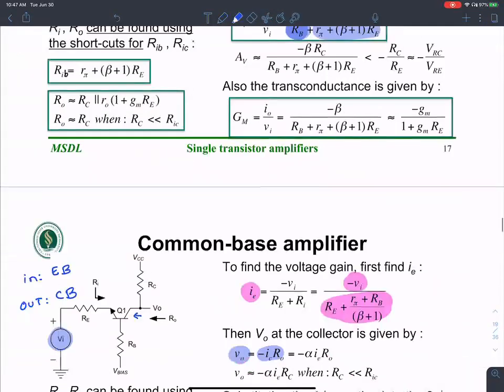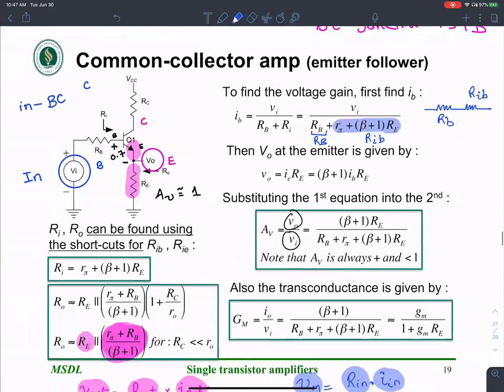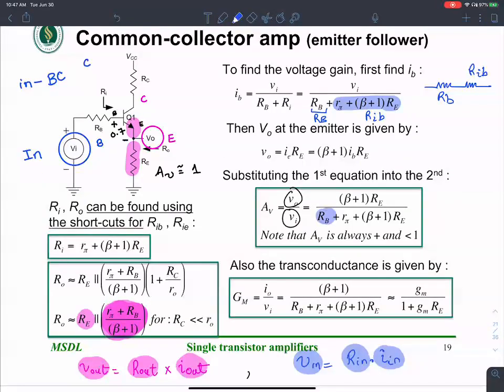Let's take a look at the common collector amplifier. Well, the denominator is exactly the same, because the input is still on the base: RB plus R pi plus beta plus 1 times RE times IB. Where did that IB go? Well, there is this IB here, but remember, there was supposed to be an IE here, but that IE has been written as beta plus 1 times RE times IB.